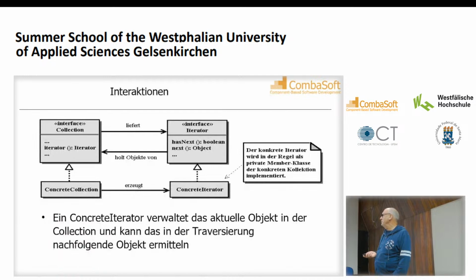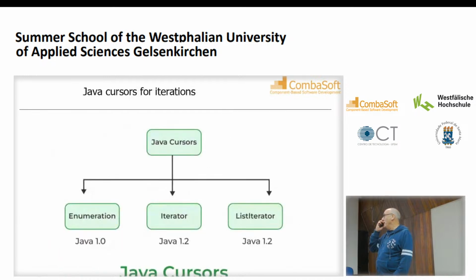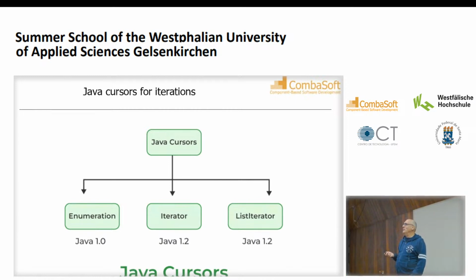Okay, in Java, we had what is called cursors, that there are different cursors. Java started when it was born with a cursor called enumeration, and it was available for a long time. I think it's not available anymore. And if it's available, you should not use it anymore, because they found out that it was not a very good implementation.